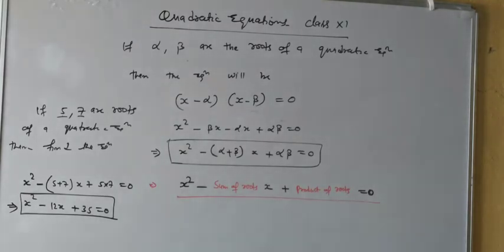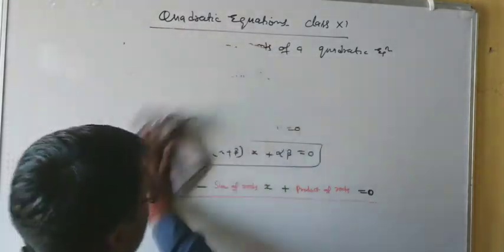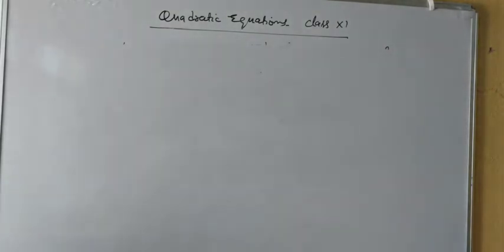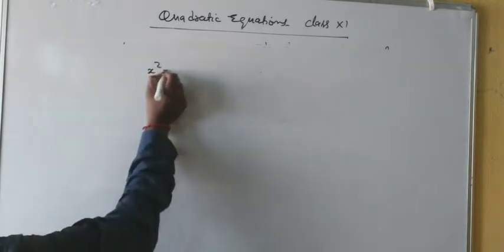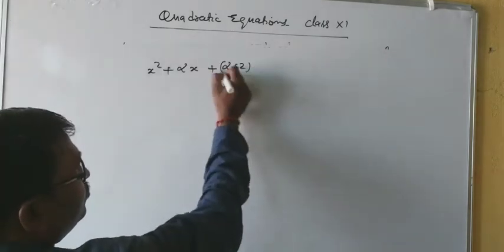One more question is there. Question number 29 from 10th C. The ratio of the roots of the equation x square plus alpha x plus alpha plus 2 is equal to 0 is 2.